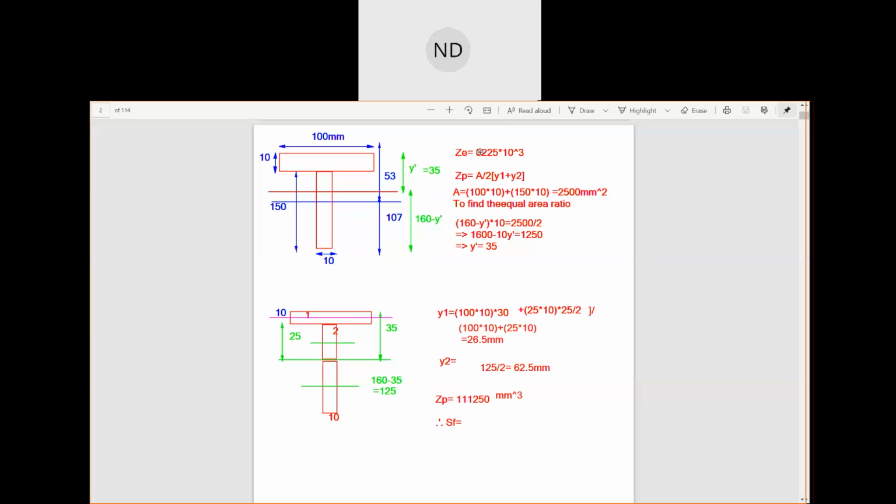I think I missed this point out here. 6.225 into 10 to the power 3. 17.2. Okay, correct.